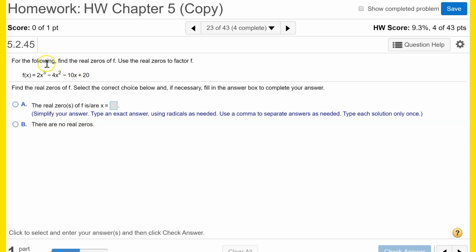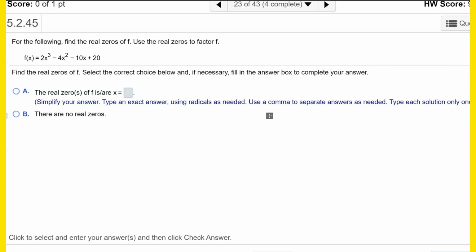All right. For the following, find the real zeros of f. Use the real zeros to factor f. All righty. I am going to show you a few different ways that you can do this.